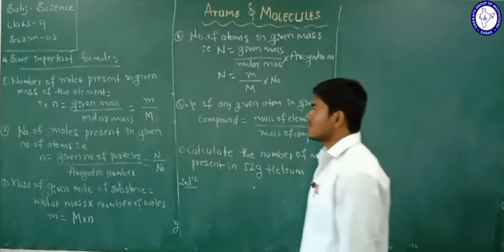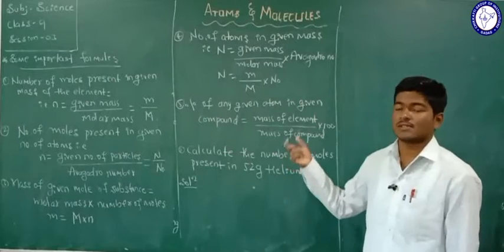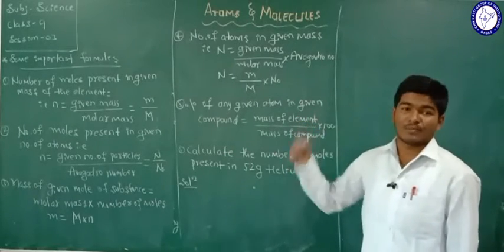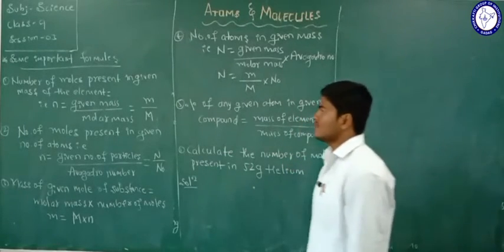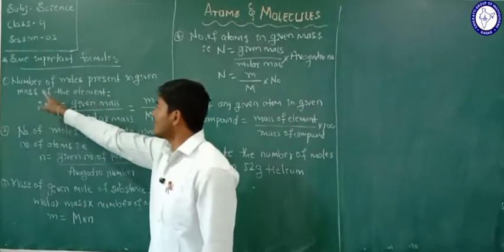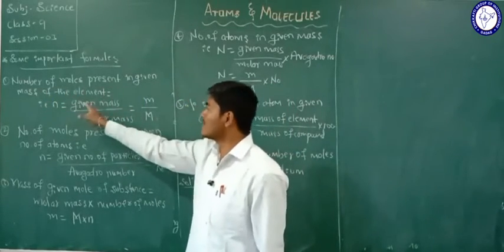Now I am discussing some of the important formulas to solve the problems which come in this lesson. The first formula is the number of moles present in a given mass of the element.